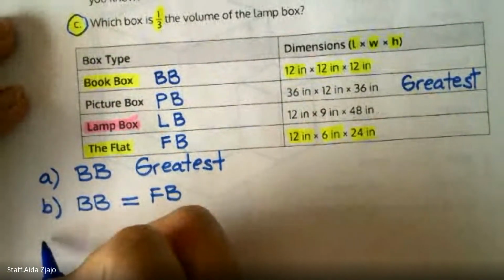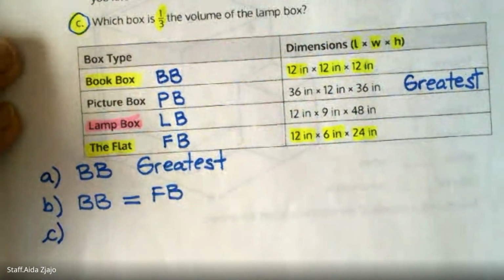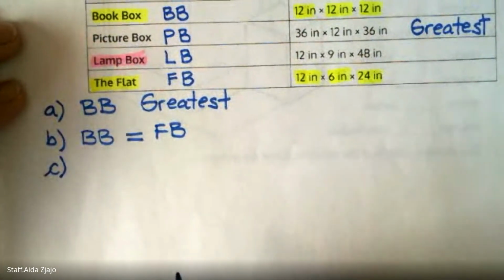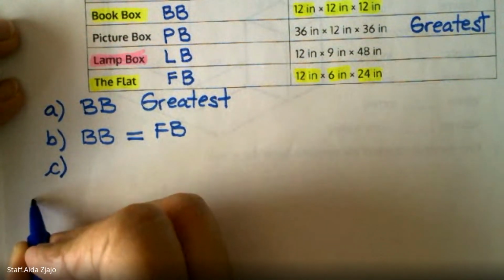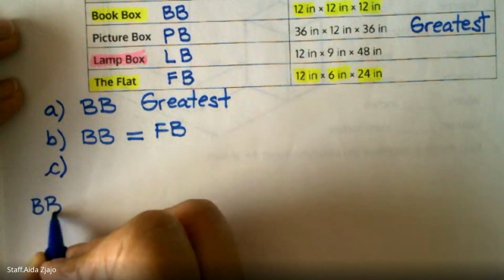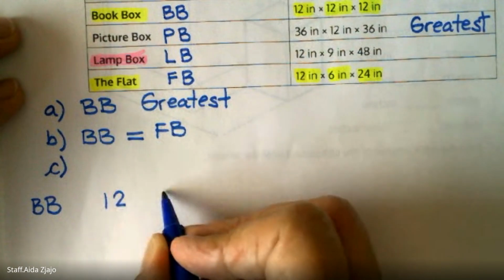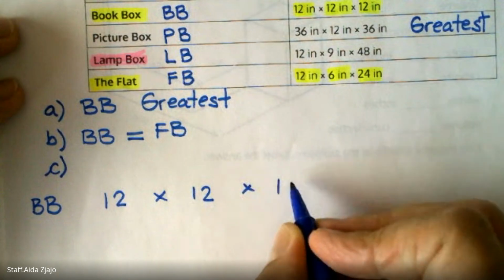I'm going to have room for C to be answered, and then on the bottom, I'm going to do now all these, BB. Okay, and then it says 12 times 12 times 12.